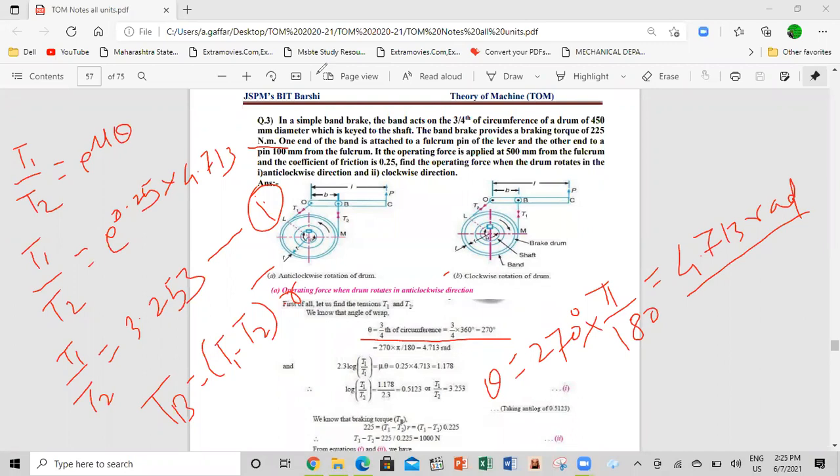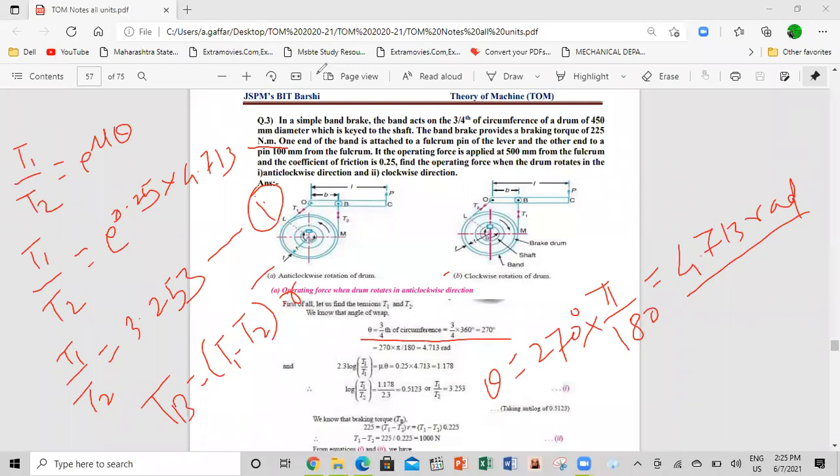So we need to convert the unit of the radius also into meters.